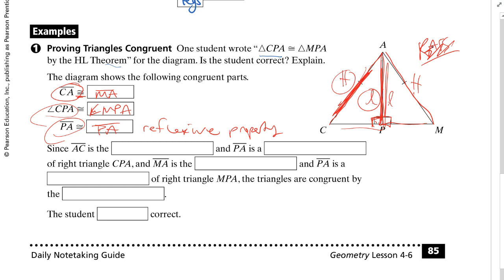Okay, so since AC is the hypotenuse and PA is a leg, and it's shared by both of them, MA is the hypotenuse on the other side, and PA is another leg of the right triangle. The triangles are congruent by HL. You can just use the abbreviation HL, or you can call it HL theorem. The student is correct.